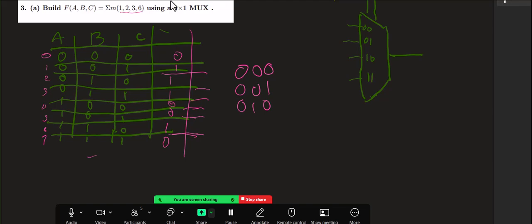Let's think about just looking at A and B. Do we see any patterns for A and B?